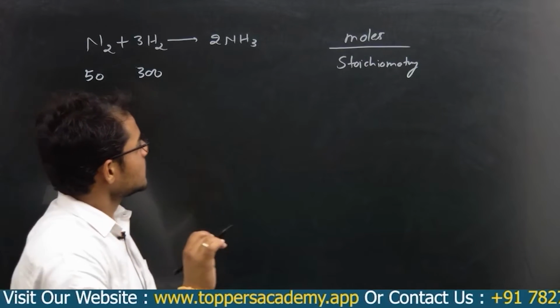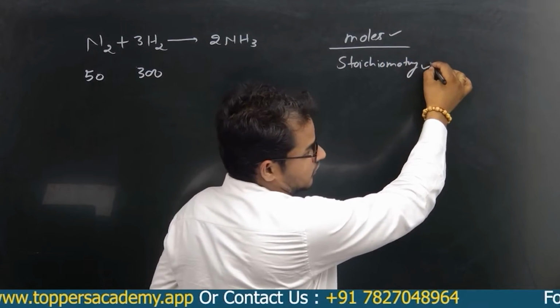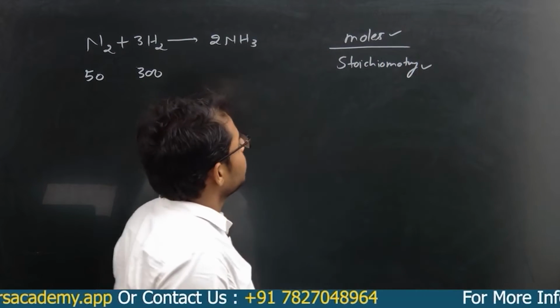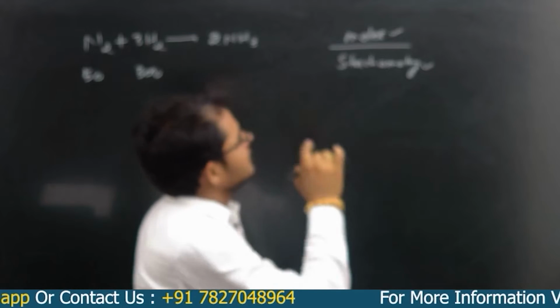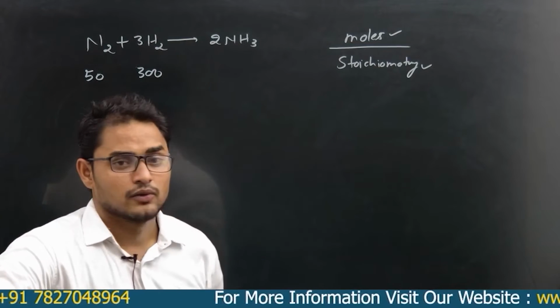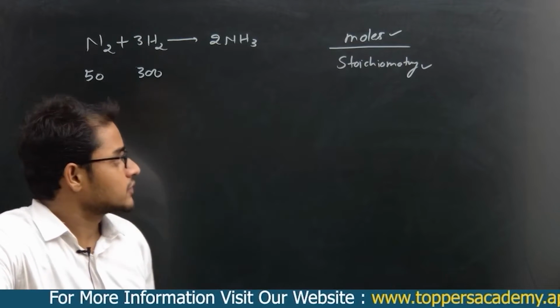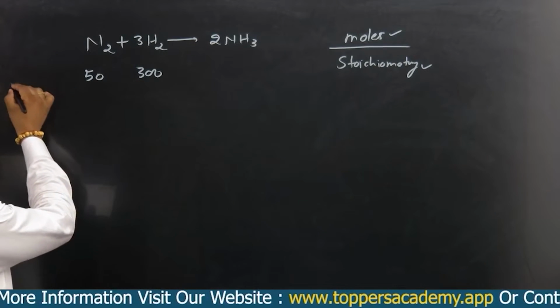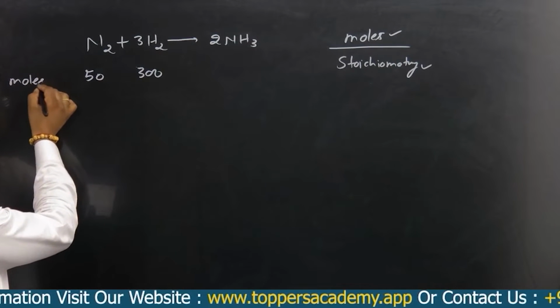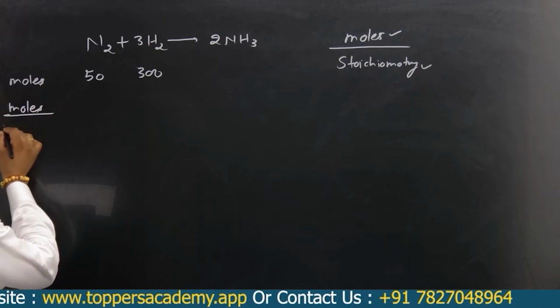So number of moles and the stoichiometric coefficient are divided. The reactant for which the moles upon stoichiometry value is less will be the limiting reagent. Okay, so I'm going to solve this. We are going to calculate moles upon stoichiometry.